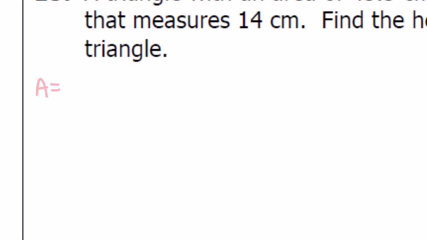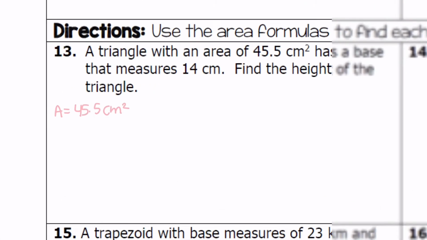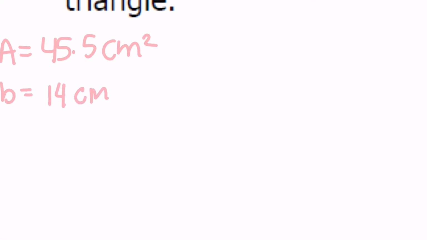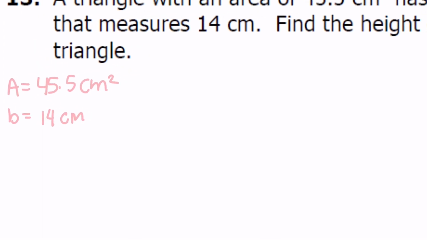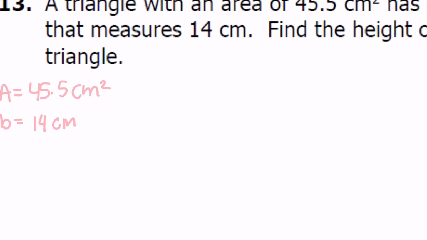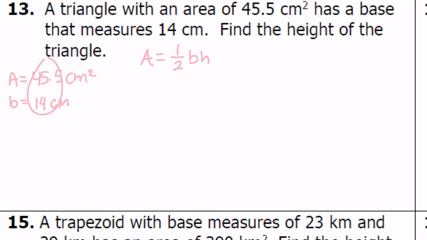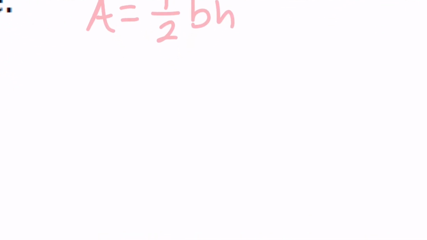So the area equals 45.5 centimeters squared. And it gives me the base, which is 14 centimeters. Now since I'm dealing with a triangle, I take my formula for the area of a triangle. Because I want to find the height, I just plug these values into my formula and solve for h.